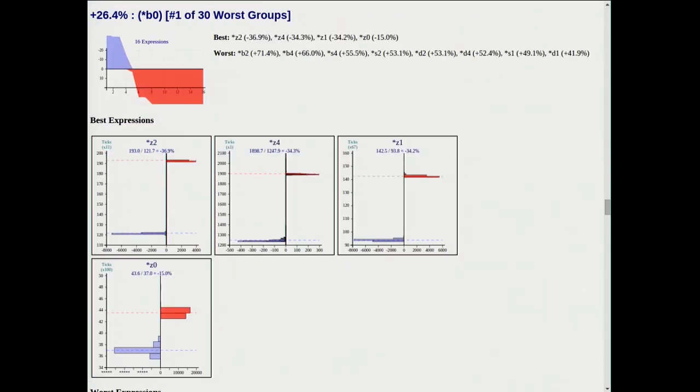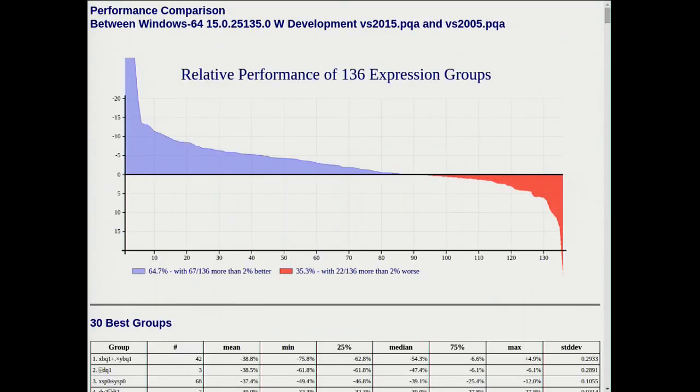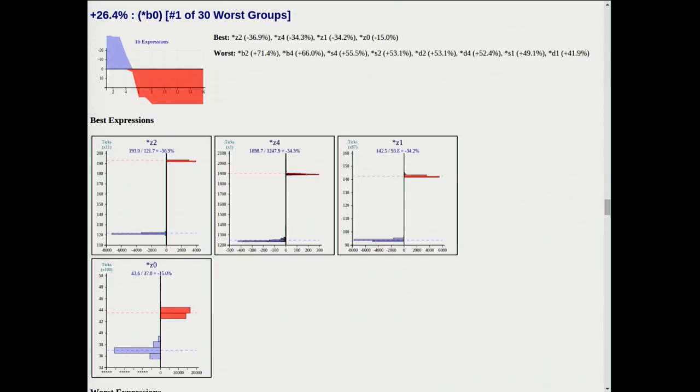This, just for interest, is the very end of the red tail, the very worst expressions over here. And in this case, the worst expressions are all doing exponentiation. Even exponentiation on an array of doubles got 50% slower. And it's hard for us to address that because the interpreter does almost nothing.